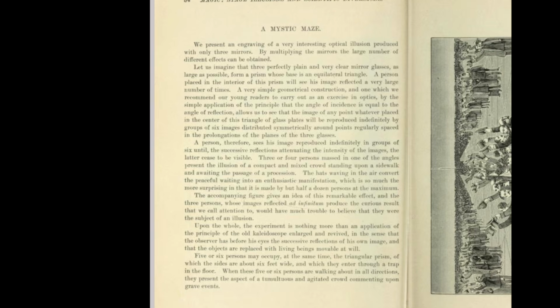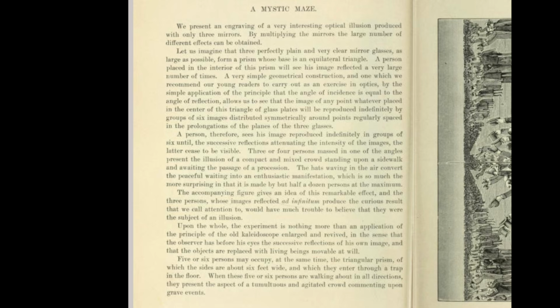A very simple geometric construction, and one which we recommend our young readers to carry out as an exercise in optics, by the simple application of the principle that the angle of incidence is equal to the angle of reflection, allows us to see that the image of any point, wherever placed in the center of the triangle of glass plates, will be reproduced indefinitely by groups of 6 images distributed symmetrically around points regularly spaced in the prolongation of the planes of the 3 glasses.